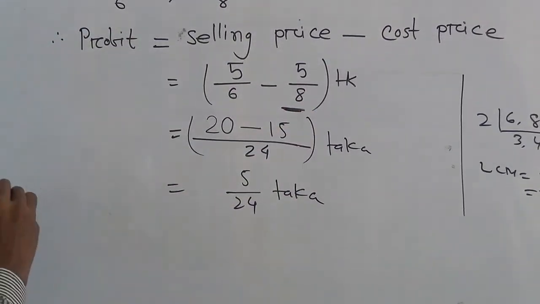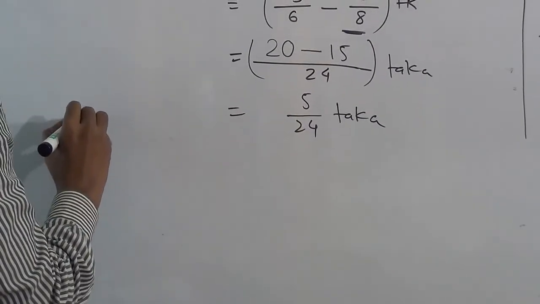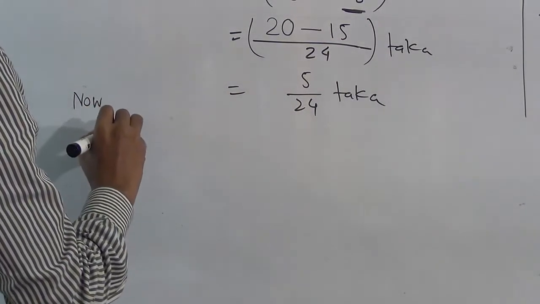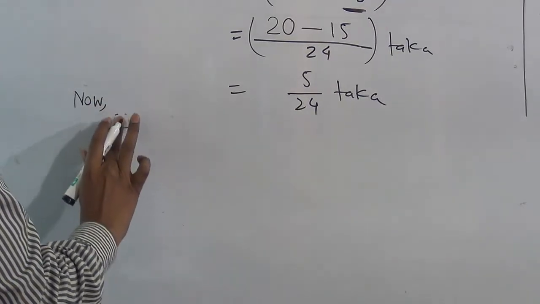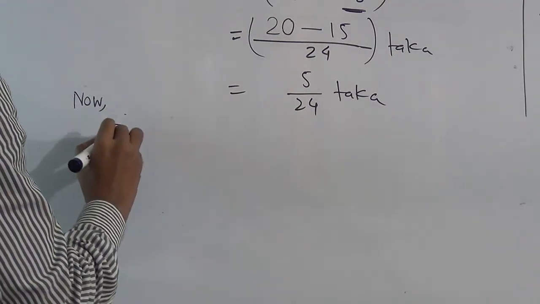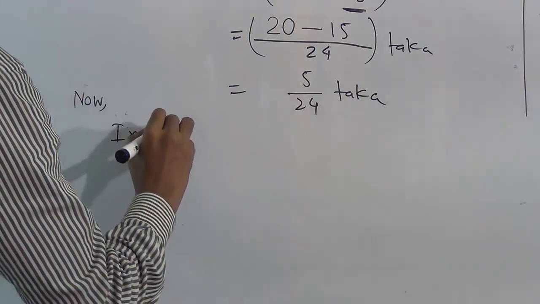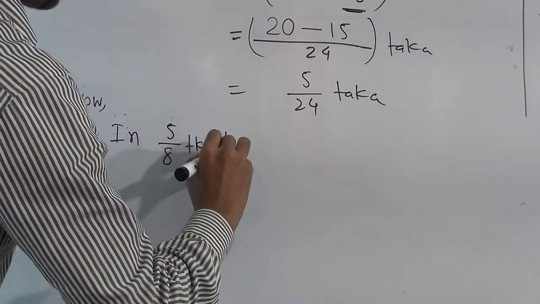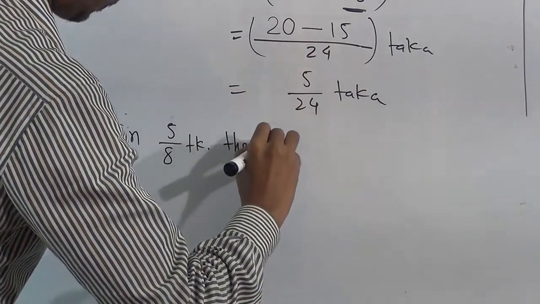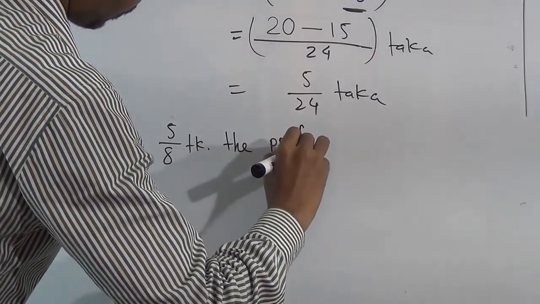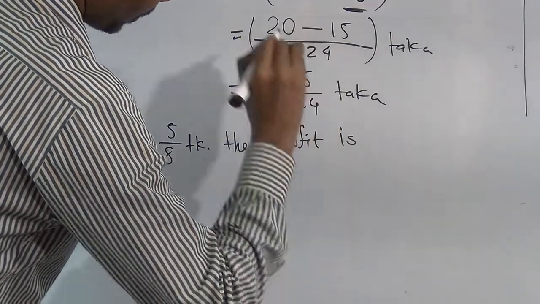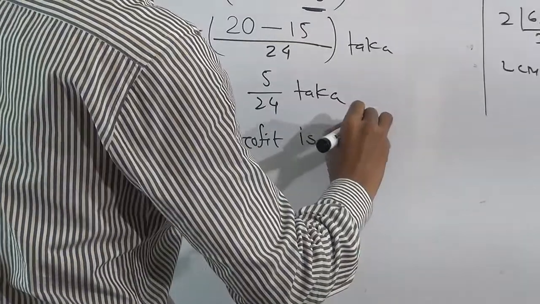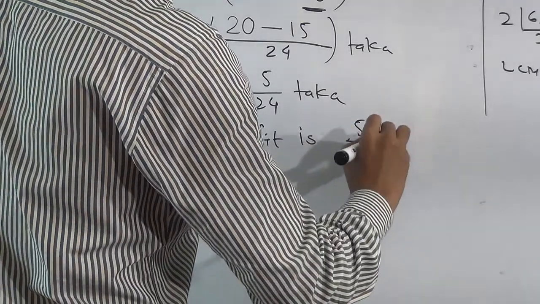Okay, now write: in 5/8 taka, the profit is 5/24 taka.